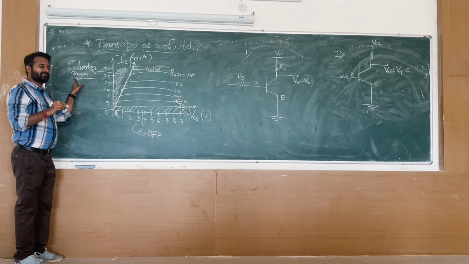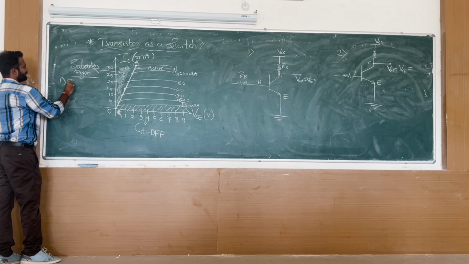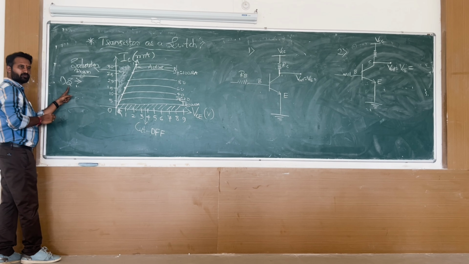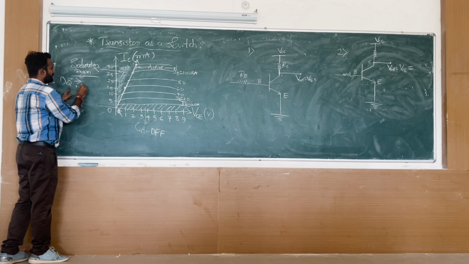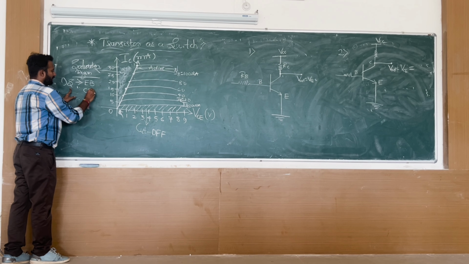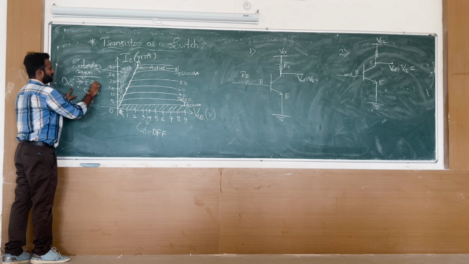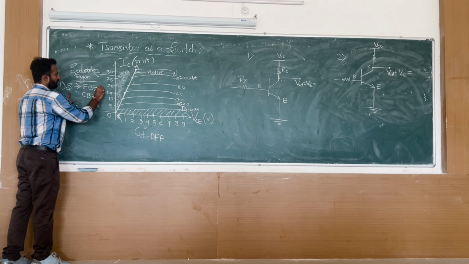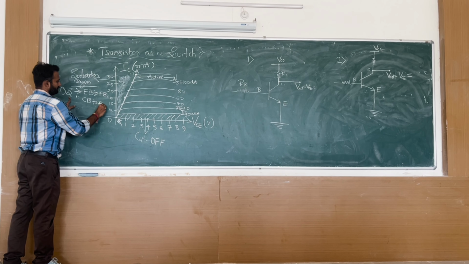Right? In this region I will write S. Just keep in mind, S means saturation. In this region, the emitter base junction and the collector base junction are both under forward bias.